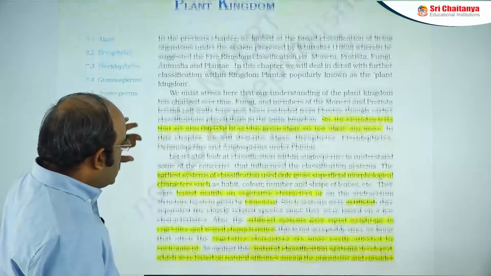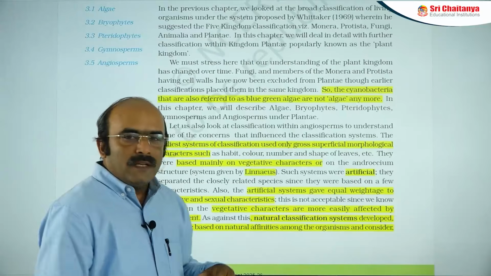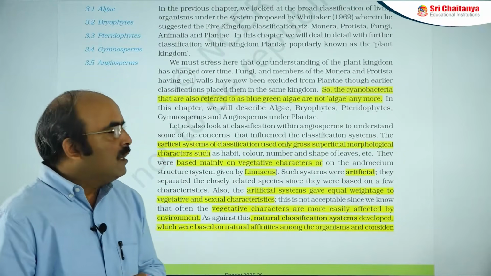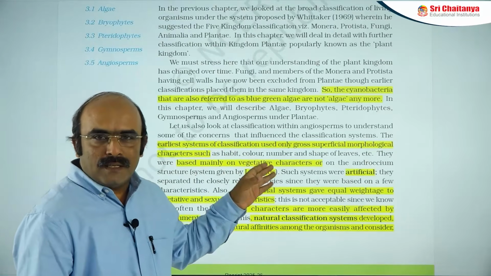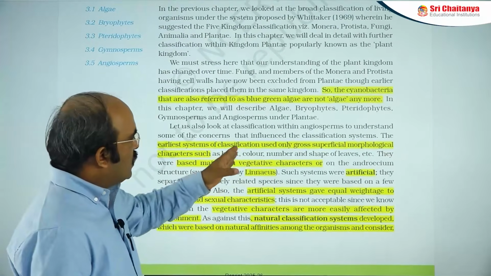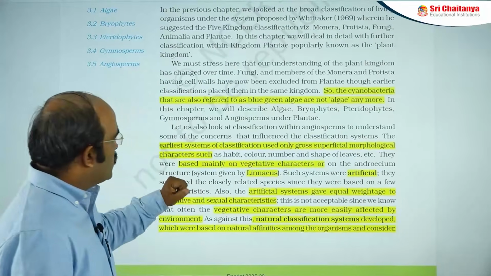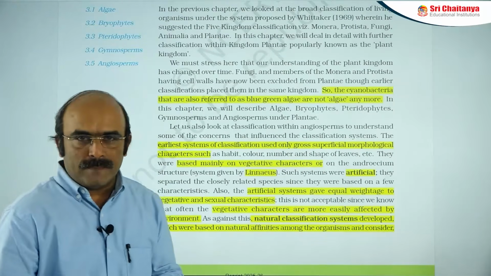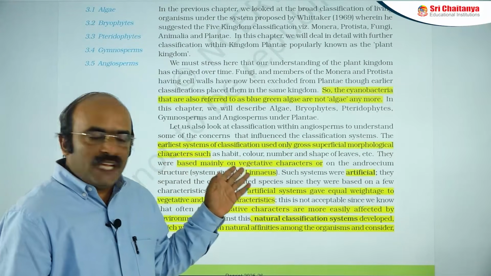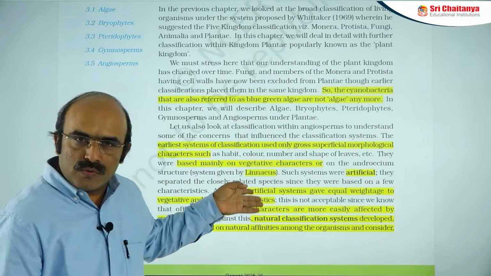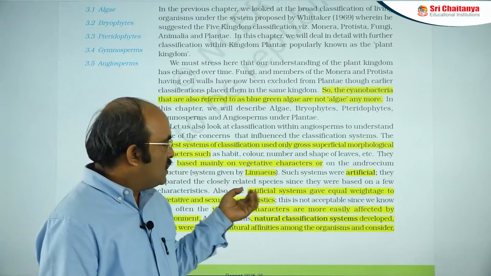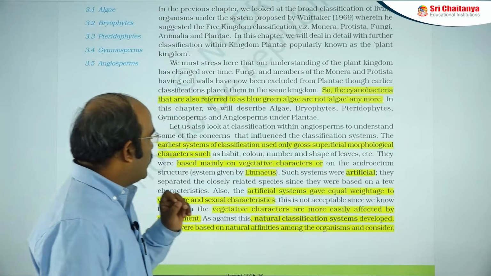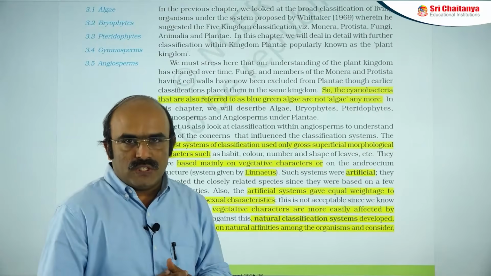The other point is systems of classification. There are 3 types of systems of classification, where the first one is the artificial system of classification, which describes the majority of the organisms considering only gross superficial morphological characters such as habit, color, number, shape of leaves, etc. So, they are mainly based on the vegetative characters, and of course, the Linnaeus system of classification, which is called the sexual system, taking into consideration the characters of the androecium, is an example for the artificial system.